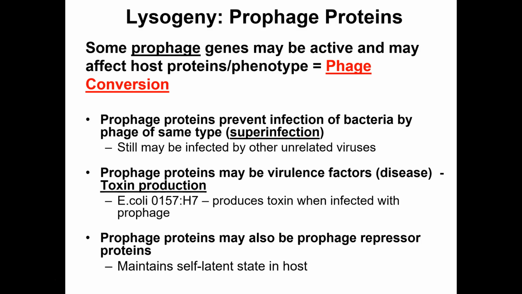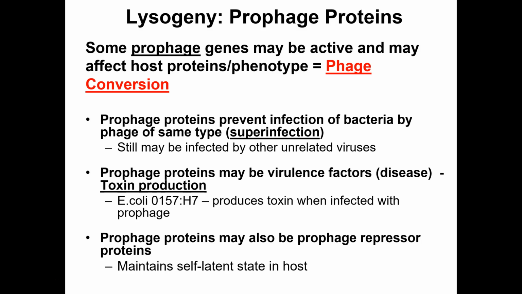But there's a catch. This does not affect unrelated viruses. The classic example with E. coli is phage lambda. Phage lambda can put itself in E. coli's chromosome, so other phage lambdas cannot affect E. coli at that point. But if the bacteriophage T4 shows up, that's a lytic virus, it can't stop it.